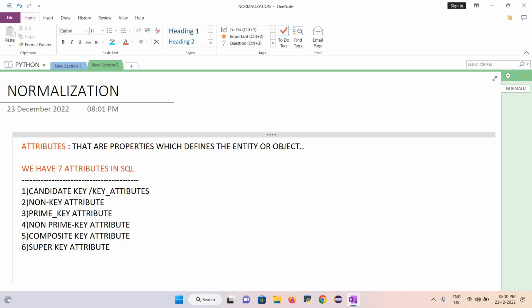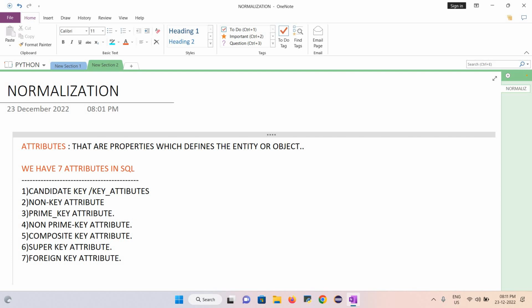And the seventh one, last, is foreign key attribute. So these are all the different attributes available in SQL.